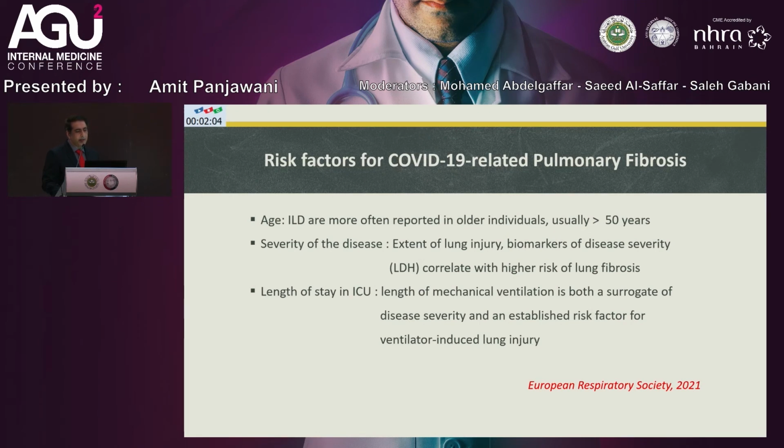The main reason for COVID-related fibrosis is basically dependent on the age of the patient. So, understandably, advanced age will predispose to poor COVID-related pneumonia outcomes. Severity of the disease, those COVID pneumonias which require an ICU stay, especially usage of mechanical ventilator, would result in lung fibrosis.